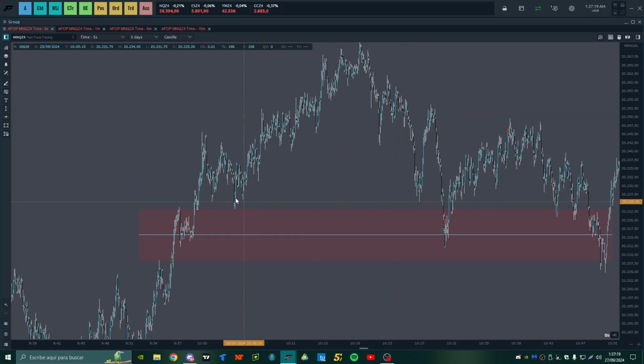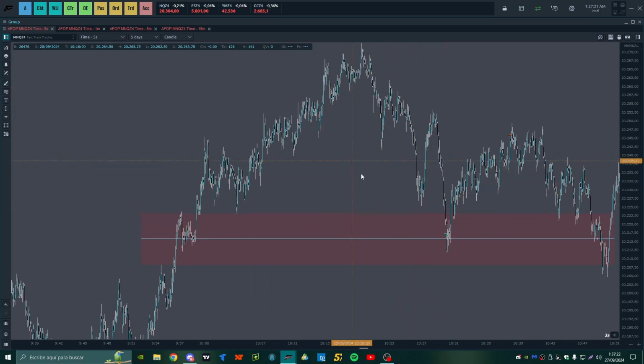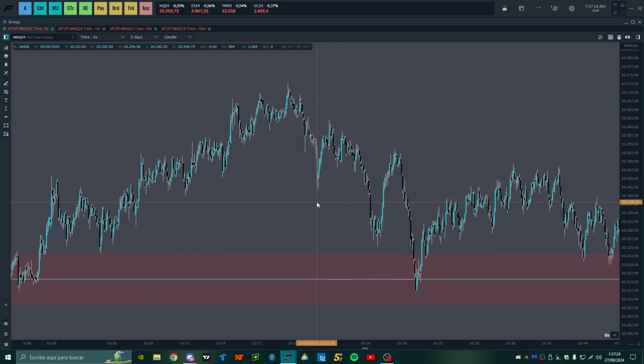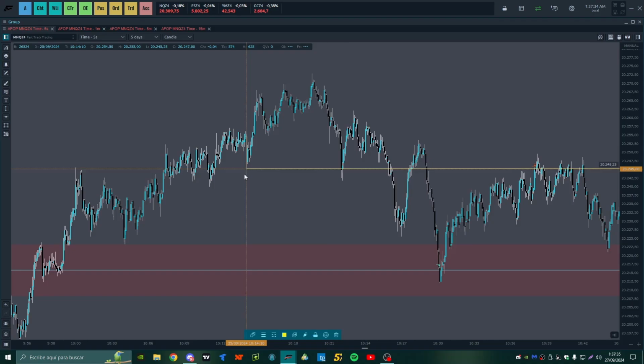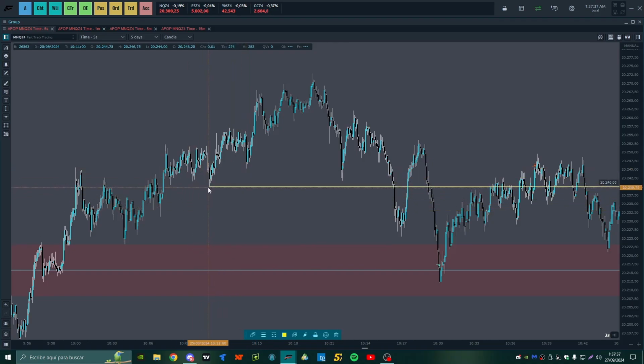and not from any of these other areas. There was one around here that gave good reactions, but you can see that the price takes the first touches and then reacts. Takes the first touch from this area and reacts, and over here it takes, well, from this whole area in general.